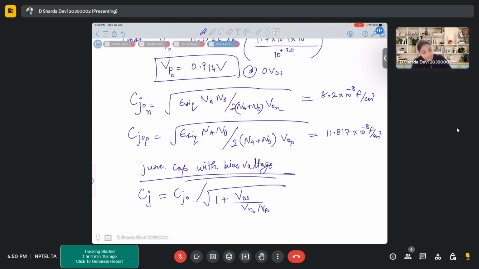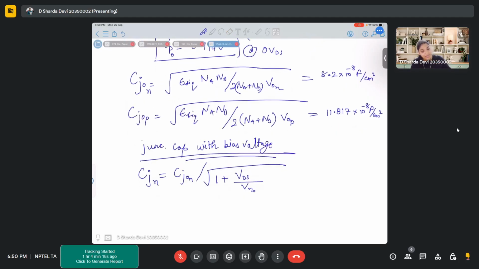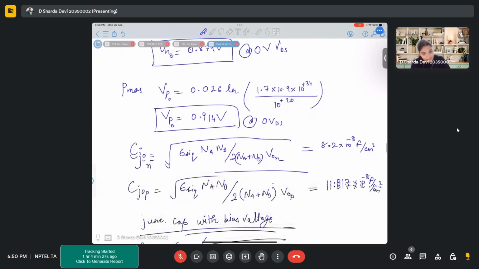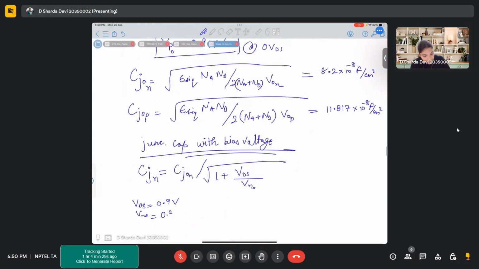So this is how the formula will change. Let's write it for the junction capacitance of N. Now we know VDS for NMOS is 0.9 volts, and VN naught is 0.879 volts.